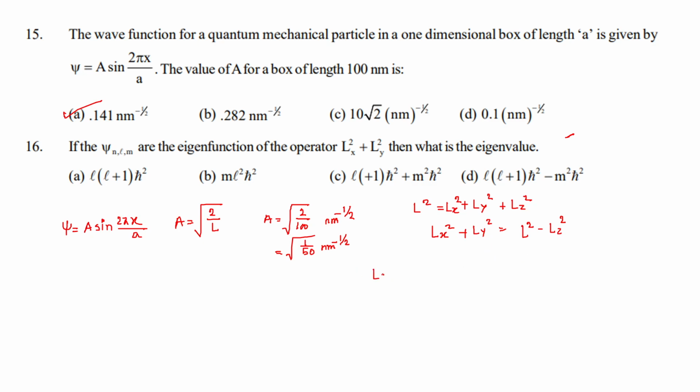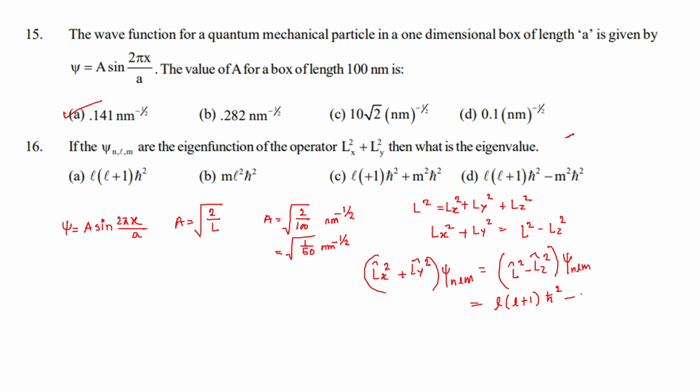So instead of directly looking at Lx square plus Ly square, when it works on psi nlm, we are looking at L square minus Lz square on psi nlm. L square operating on psi nlm generates l into l plus 1, h cut square.